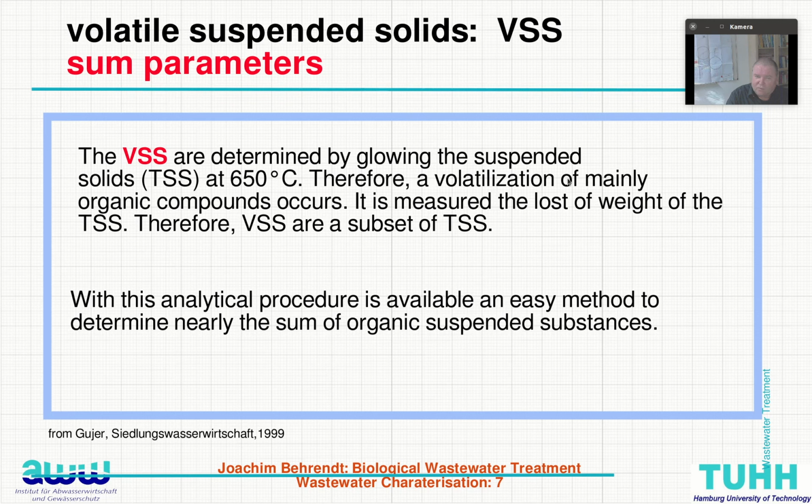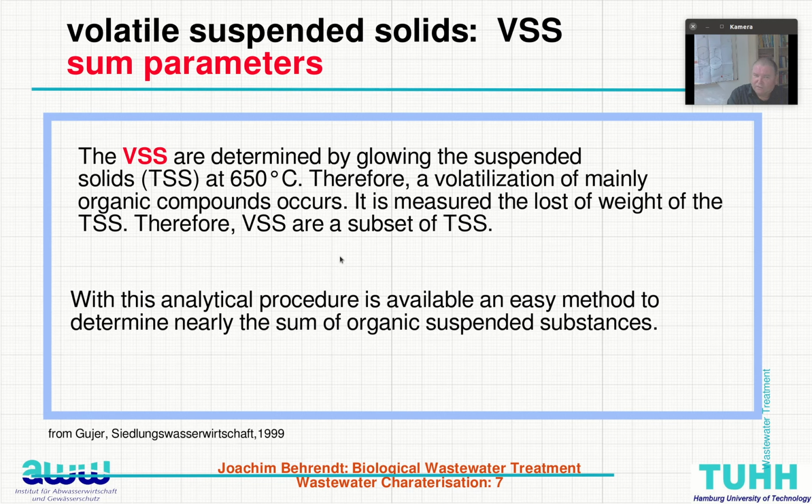Then normally the organic material is oxidized and vaporized, and we measure the remainder, and from the difference we can detect what is volatile. From this we can calculate, with the same volume as for TSS, the volatile suspended solids.